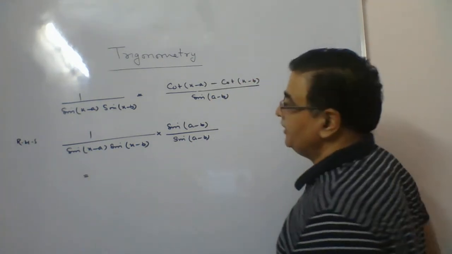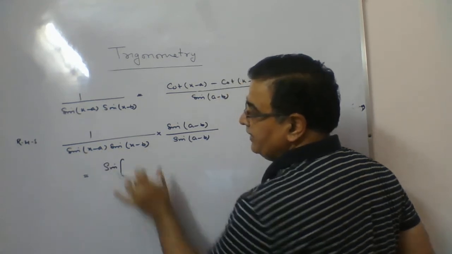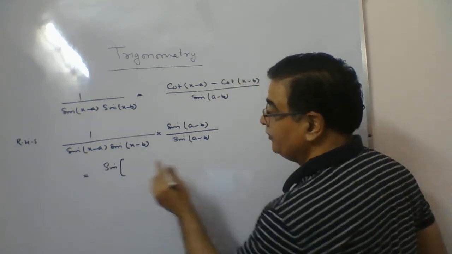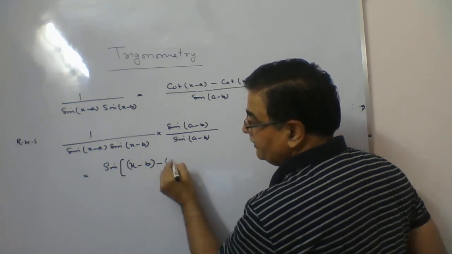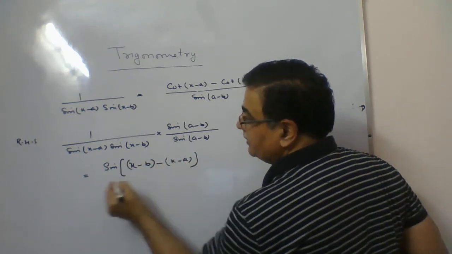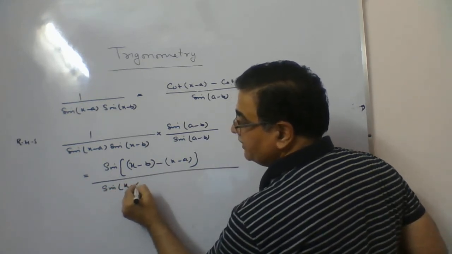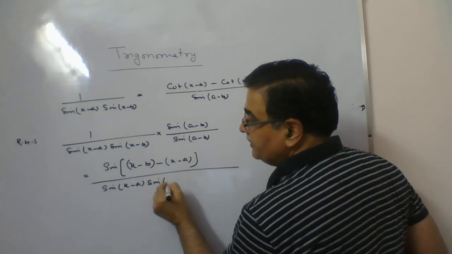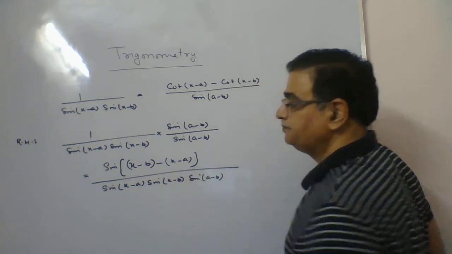Now this step is very important. What that step says, I want x minus A and x minus B. So here we'll write this result this way: (x minus B) minus (x minus A). And here the denominator says sine (x minus A), sine (x minus B), sine (A minus B).